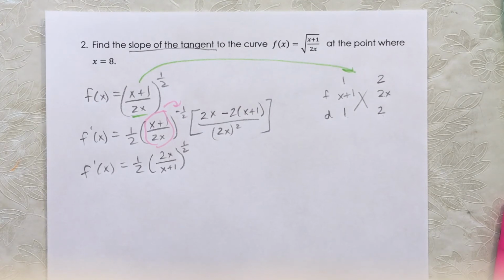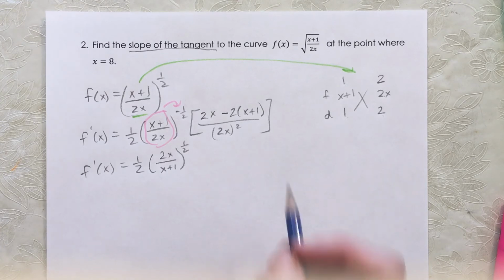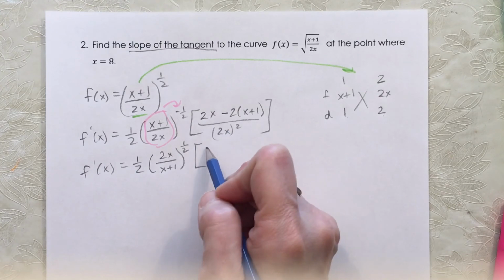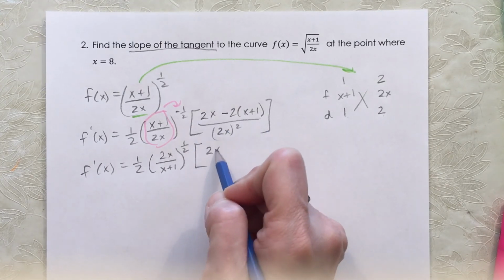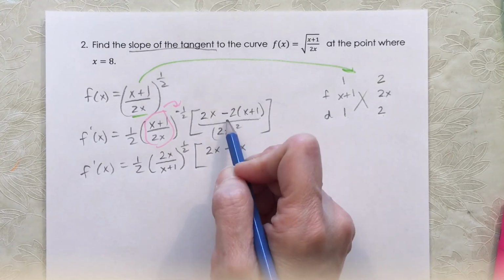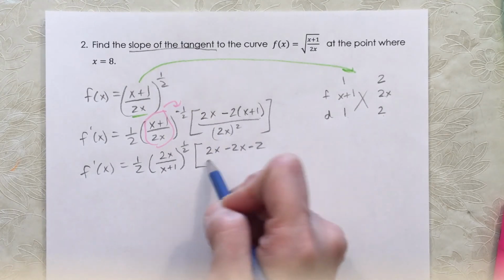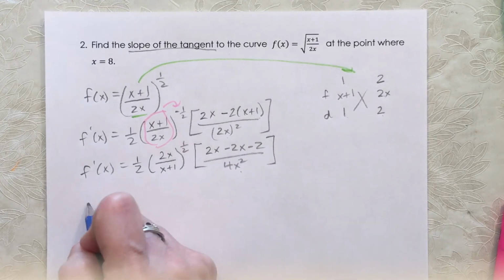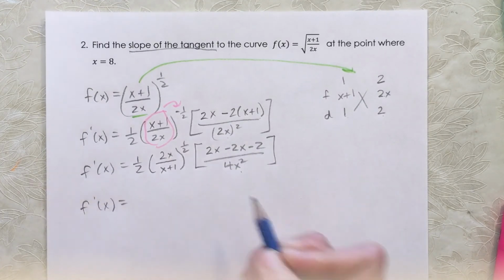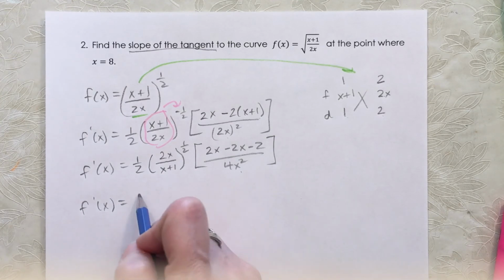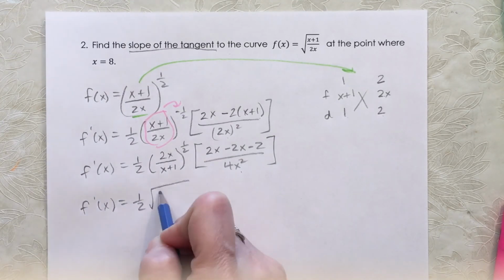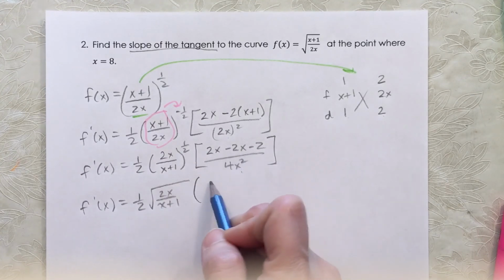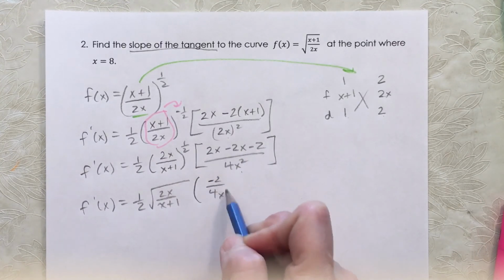And then my next step, I could apply it to the numerator and denominator separately if I want to. And then I'm going to start cleaning up inside my square brackets. So in the numerator here, I'm going to have 2x minus 2x, that's nice, minus 2 over 4x squared, because that's 2x times 2x. So I just want to make it, again, easy to substitute into. So I may leave this then as the square root of 2x over x plus 1 times 2x minus 2x is negative 2 over 4x squared.